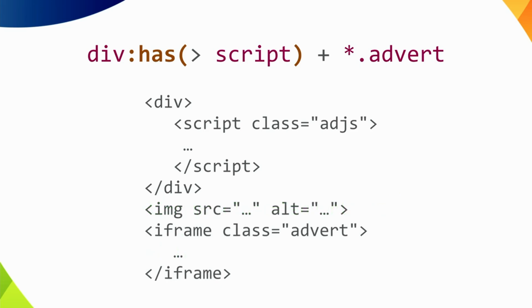So suppose an image got stuck in between the div and the iframe that has the advert class. In this case, the iframe does not get selected because it's no longer the immediately following sibling of a div that has a script as a child. Okay?